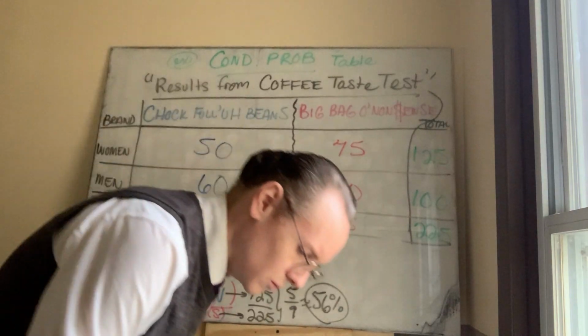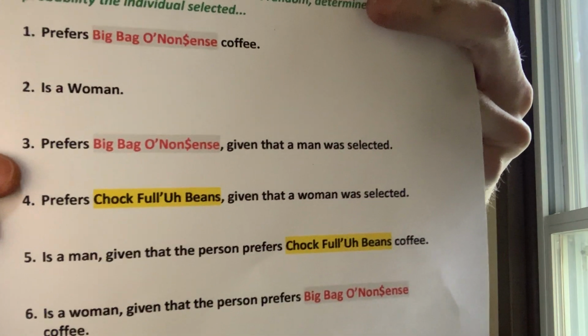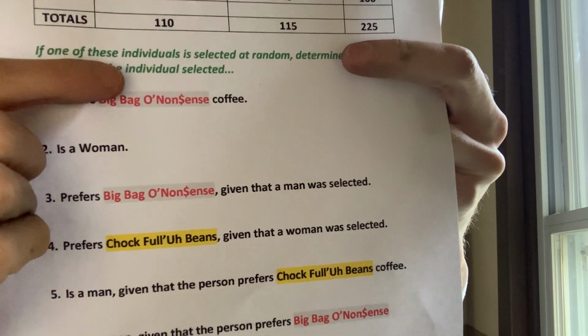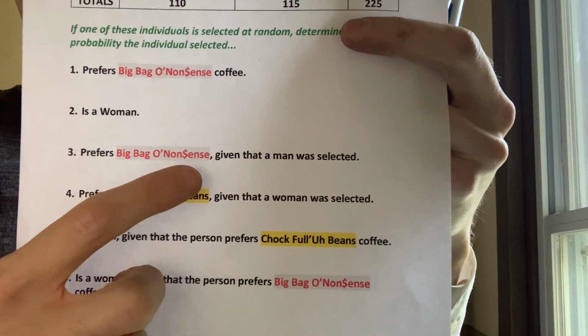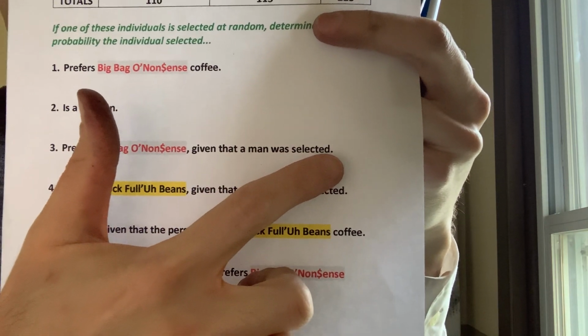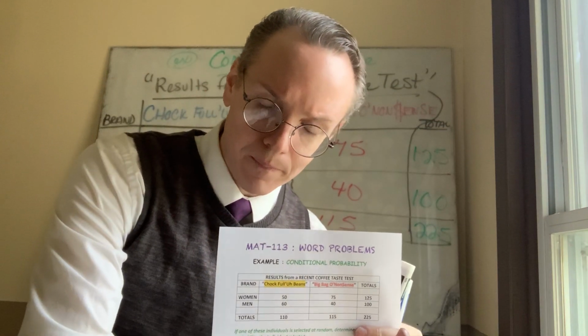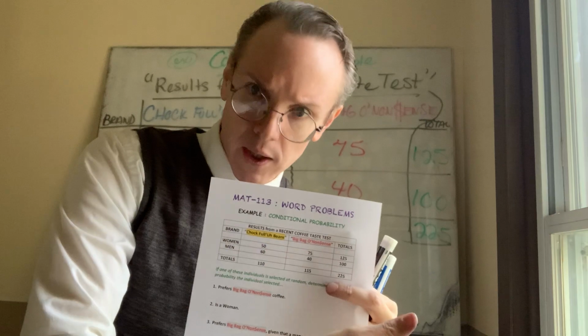I'm going to point at this problem just to guide you along here. What's the probability that the individual selected prefers the big bag of nonsense coffee given that a man was selected? Because it follows the word given, let's assume that men are E1 in this case.